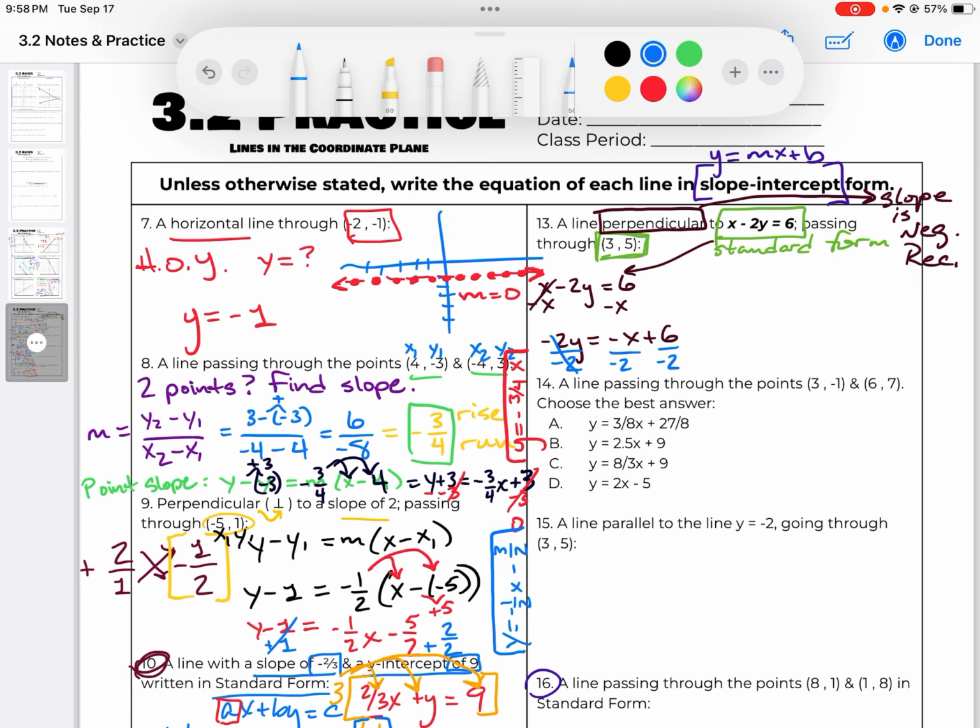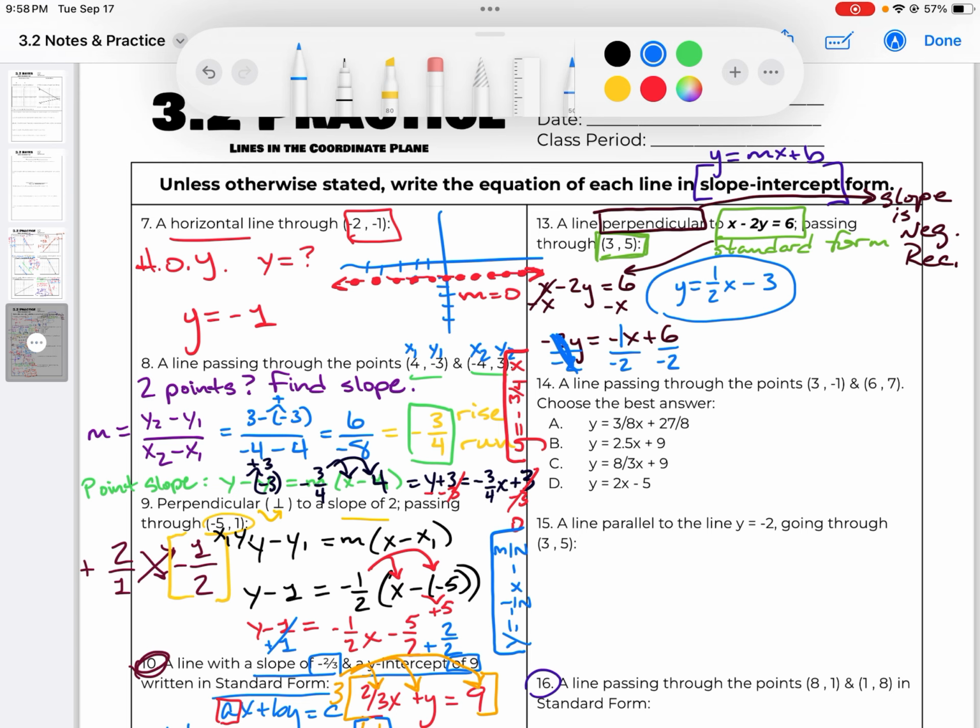Now, that cancels out this 2. And it's understood that there's a 1 right there, and a negative divided by a negative gives me positive 1/2 x, and then 6 divided by negative 2, a positive divided by a negative, gives me a negative.